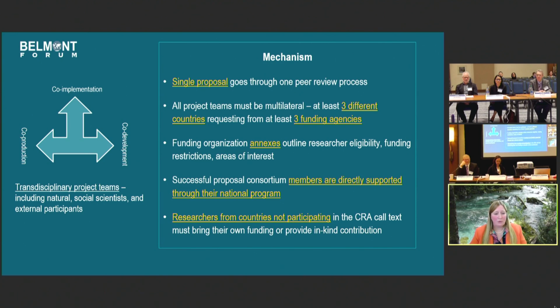And researchers from countries that are not participating in the call are also welcome, and they can either bring their own funding to the table or provide in-kind contribution. And our big idea here is that we really focus on transdisciplinary teams. So this has got to be natural scientists, social scientists, and external participants that come together to co-produce, co-develop, and co-implement these projects.